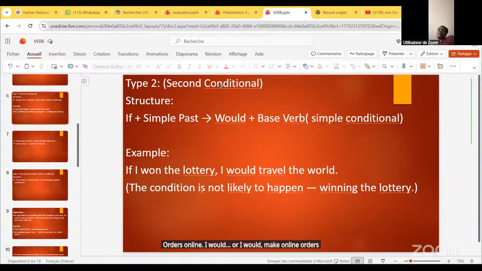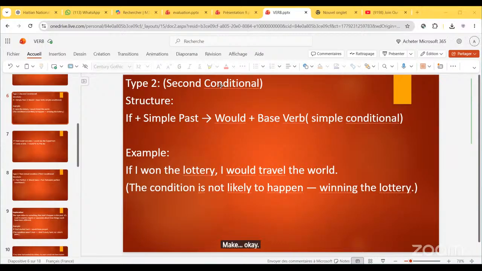Okay, do this. If I had money, I would buy an airplane. If you had what? If I had money, I would buy an airplane. Okay, if I had time, I would help you.